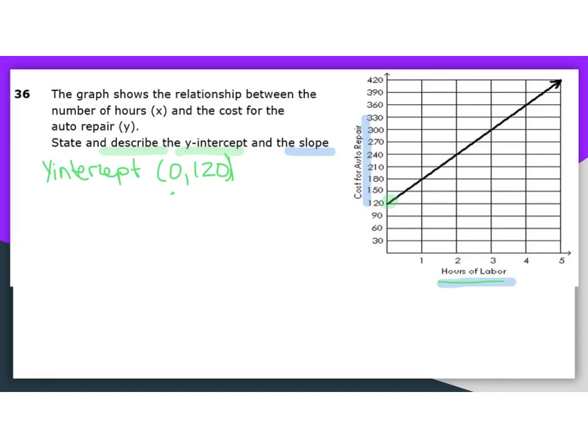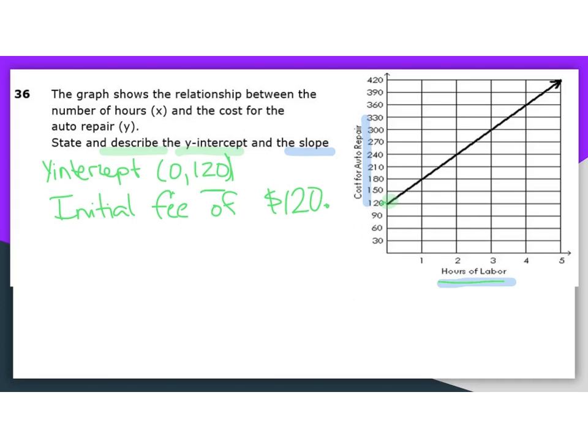So with 0 hours of labor, we're still going to have to pay $120. So we have an initial fee of $120. Before any work starts on the car, $120 will need to be paid up front.